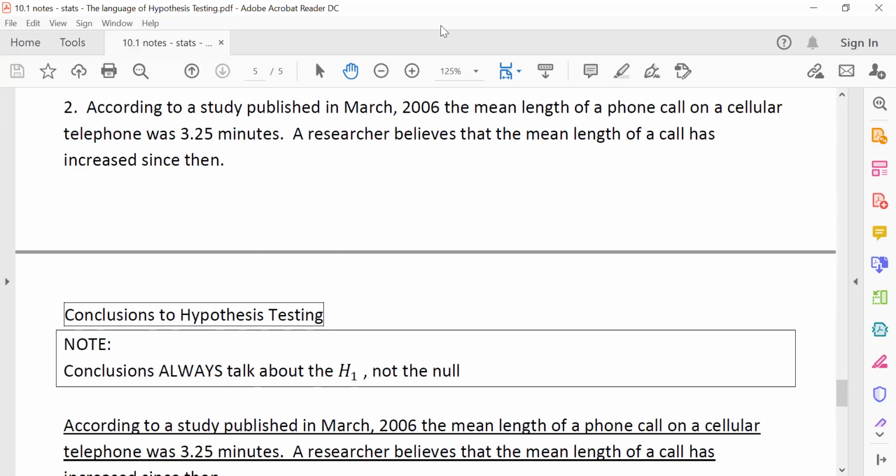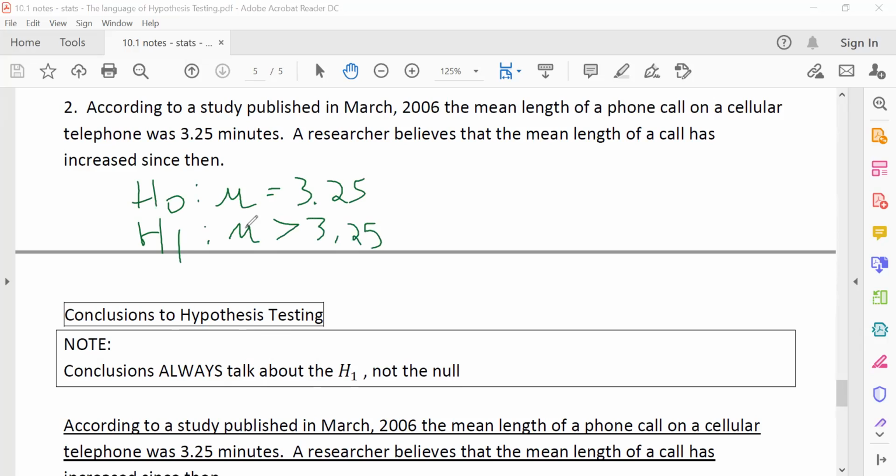So here, H naught would be that the mean length, mu, is 3.25 minutes. The alternative hypothesis, H1, is that the mean length is now greater than 3.25 minutes.